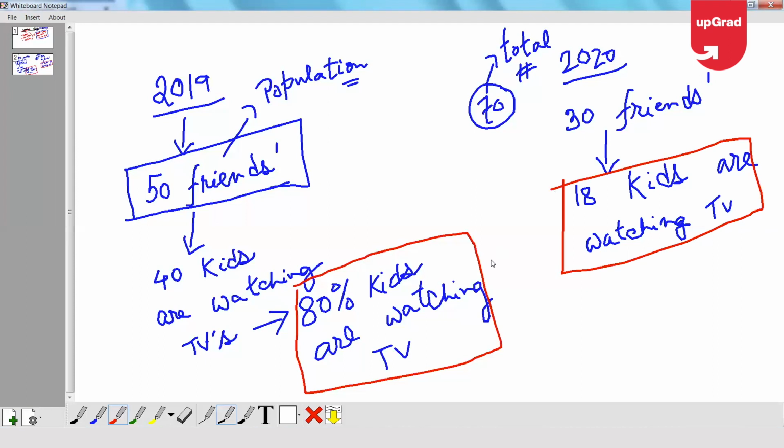So now the statistician in you has become very inquisitive. So you started analyzing these two incidents. And this time you have seen that around 60% kids are watching TV.